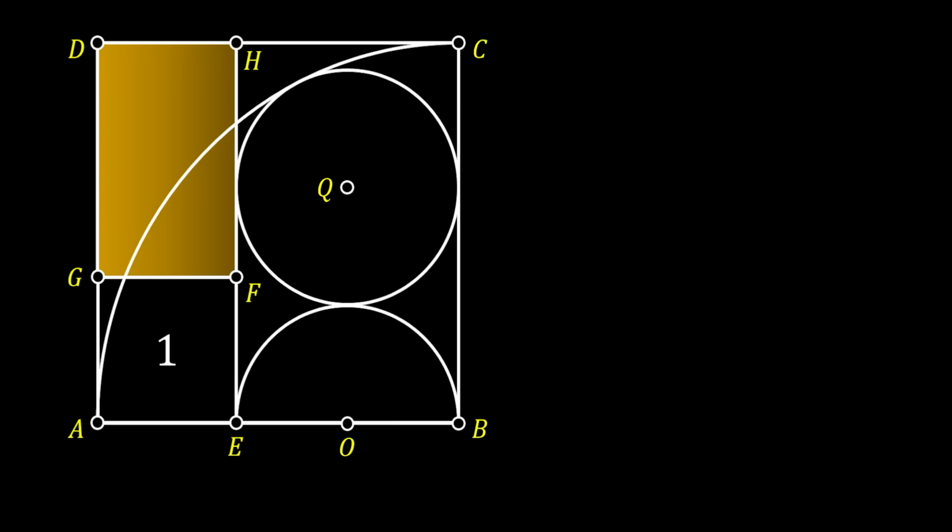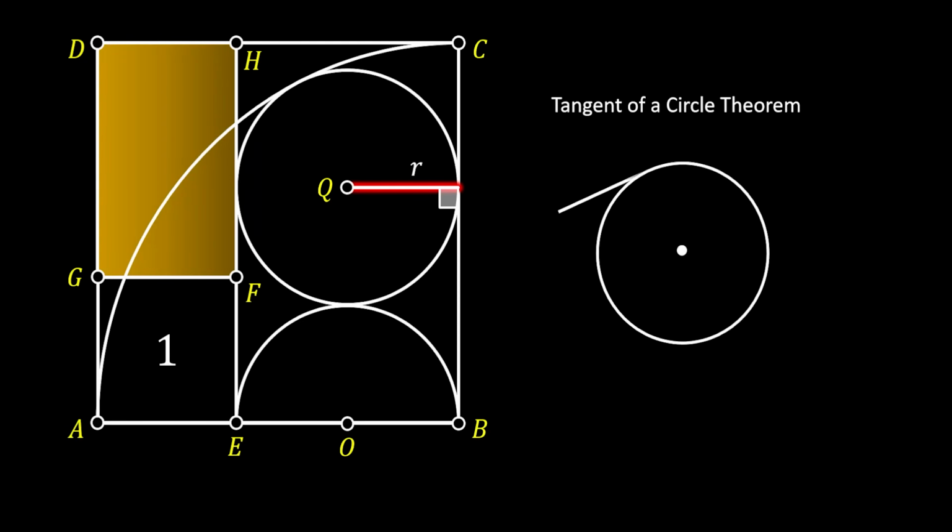So I will start by labeling the radius of our inscribed full circle as small r. Then I will rotate this radius horizontally, and I will get that this radius will actually be perpendicular to the right side of the square. We know this for a fact by using the tangent of a circle theorem, which states that if we pull a radius to the point of tangency, this radius will always be perpendicular to the tangent line.